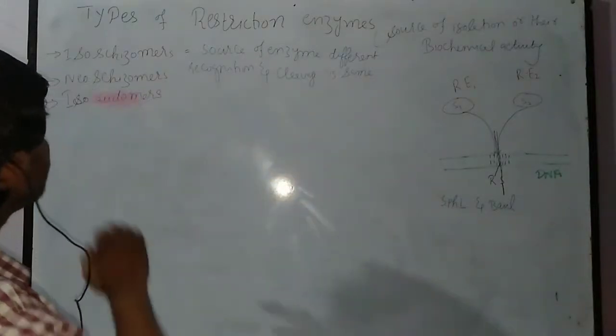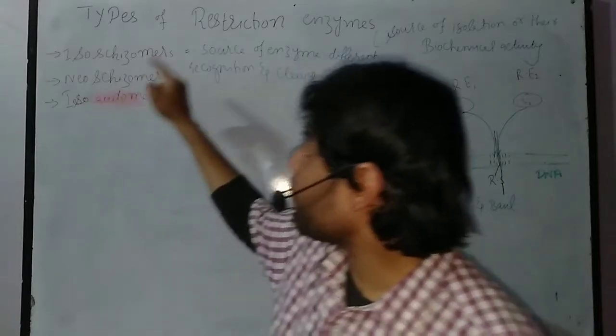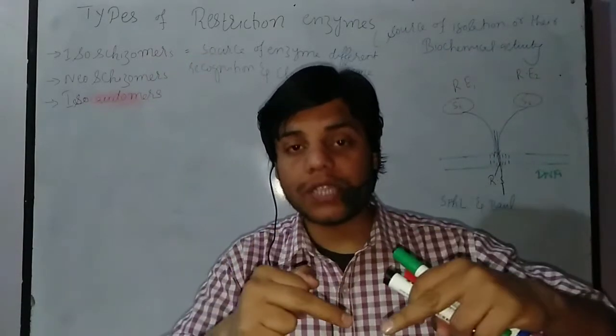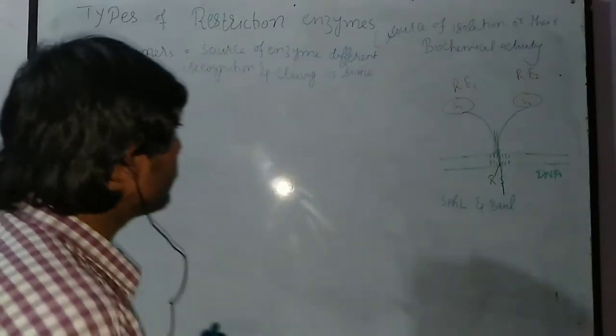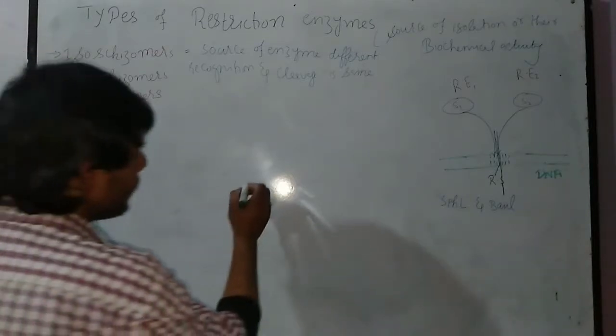Okay. Next we have Neoschizomers. Neoschizomers is the type of restriction enzyme which has the same recognition site but a different cleavage point. Let's suppose again in this case we have the DNA molecule.